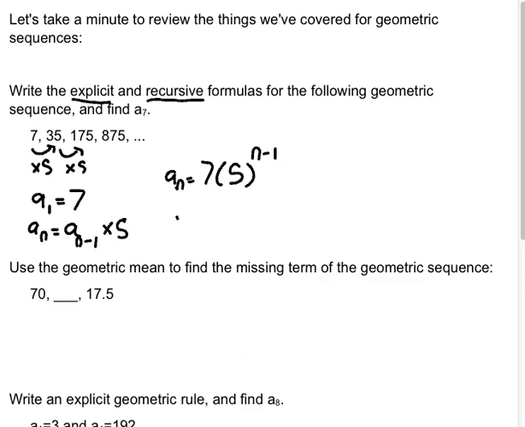And it tells me if I want to find a 7, well, I just plug in 7. 7 minus 1 is 6. So 6 times 5 to the 6th power, 109,375. So again, you just have to re-familiarize yourself with all these formulas that we know.